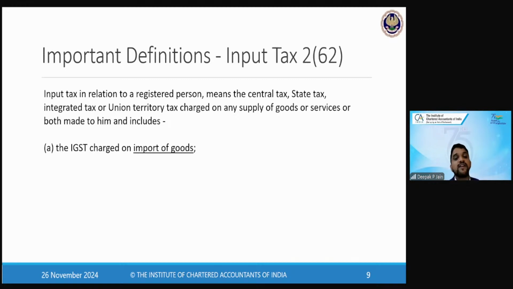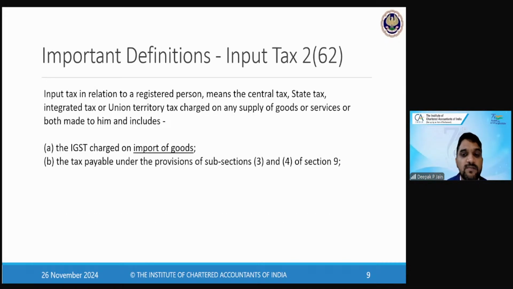And it also specifically includes IGST, which is charged on import of goods, then the tax payable under the provisions of section 9(3) or 9(4), that is when you pay taxes under reverse charge, that is also input tax.